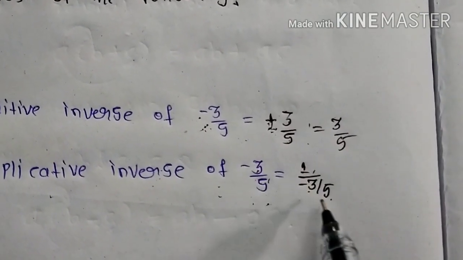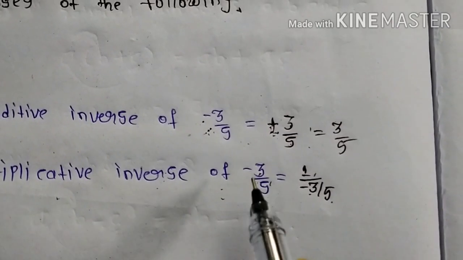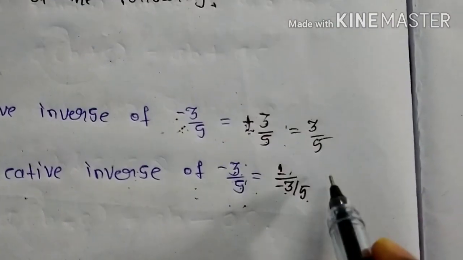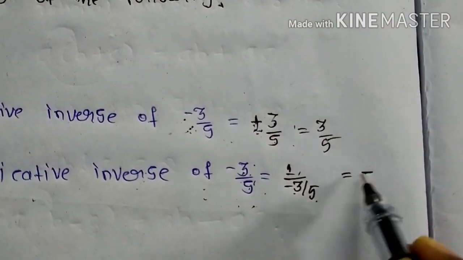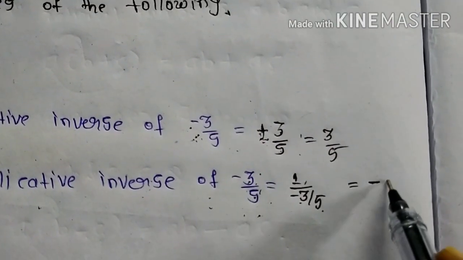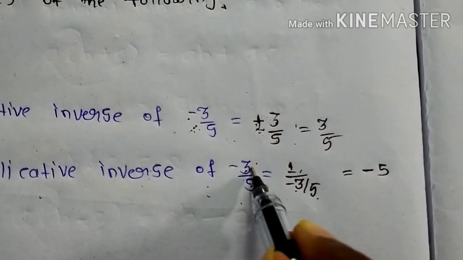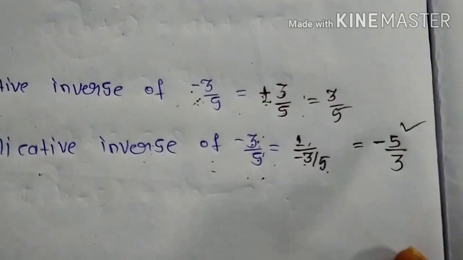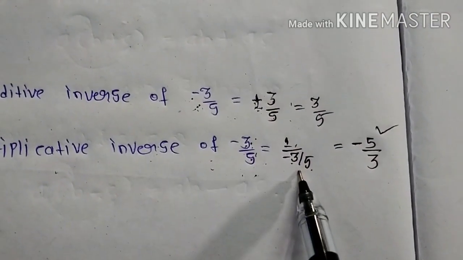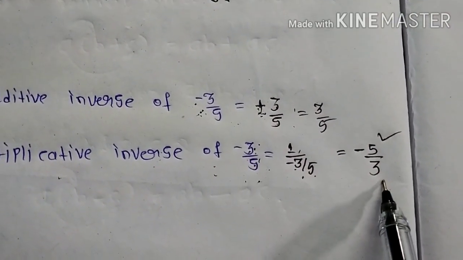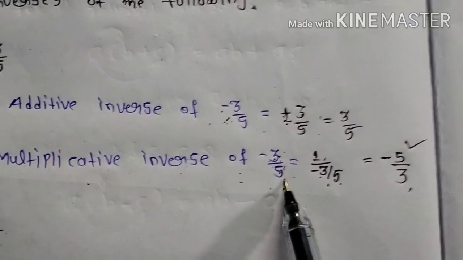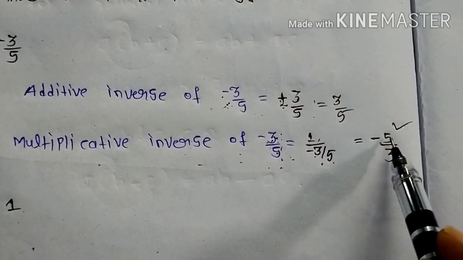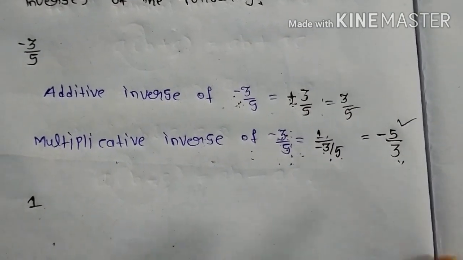Instead of writing like this, you can change the numerator to denominator and denominator to numerator. The denominator is 5, the numerator is 3, so you can directly write minus 5 by 3. The multiplicative inverse of minus 3 by 5 is minus 5 by 3.